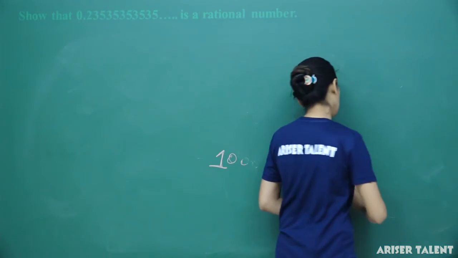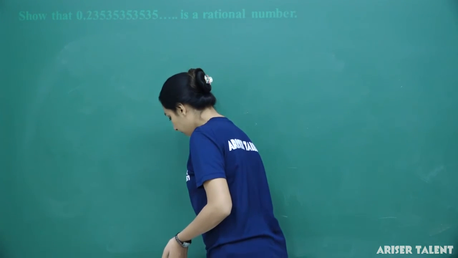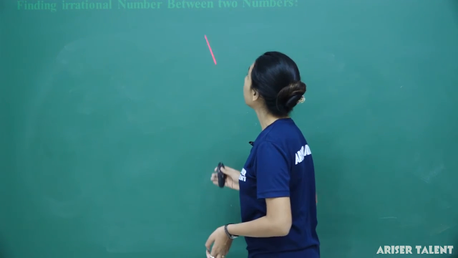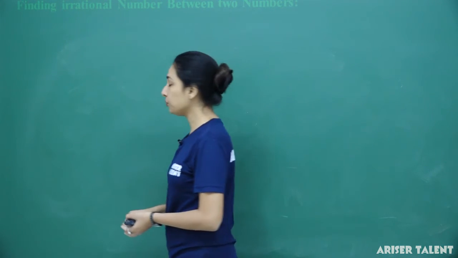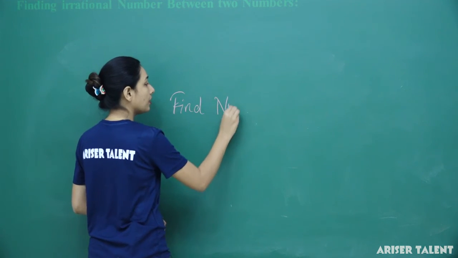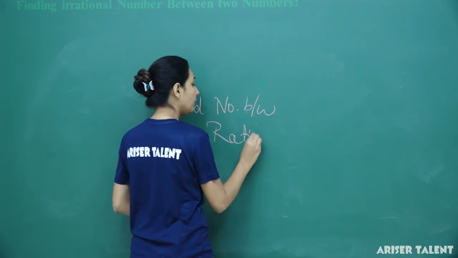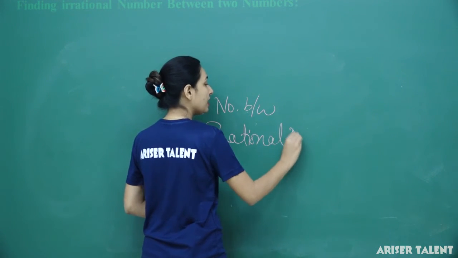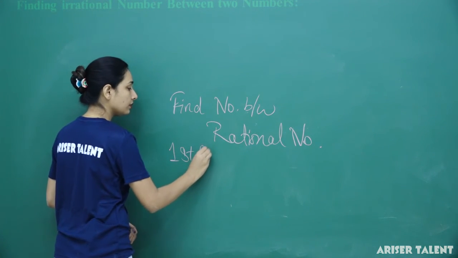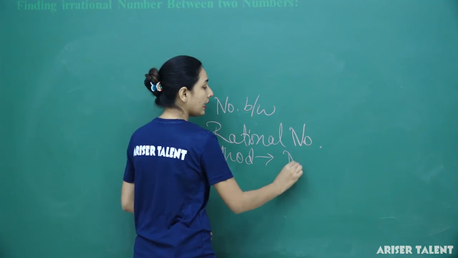Now we are having our next topic as finding irrational numbers between two numbers. I have told you to find numbers between rational numbers. We have talked about one method of solving this. The first method was based on the average approach.